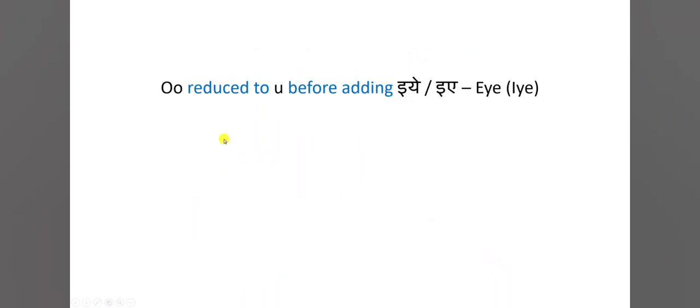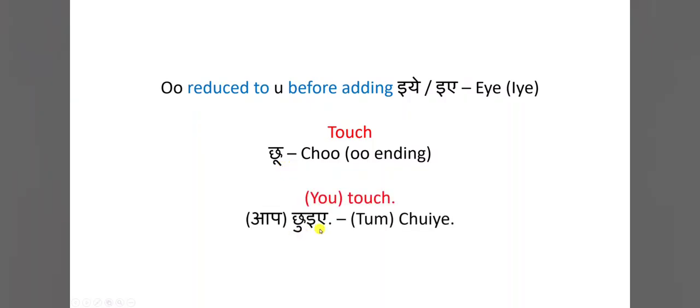Next, if a verb ends in oo, then we reduce it to u before adding iye. For example, chhoo is changed to chhuiye. So these are the rules.